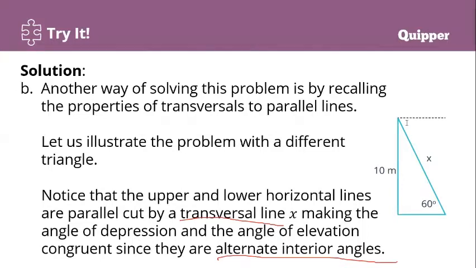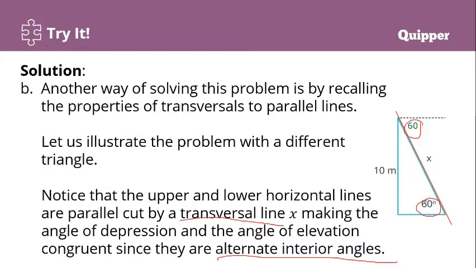Given this is 60, the angle of depression. Since we have a transversal line x here, by the property of alternate interior angles, the angle of depression, which is 60, is equal to the angle of elevation, which is also 60. So that's the second way of solving the problem.